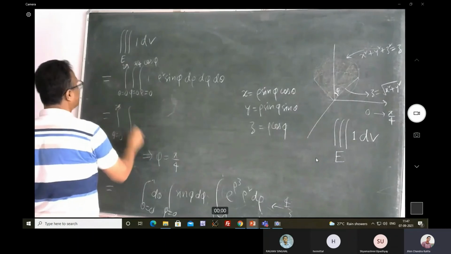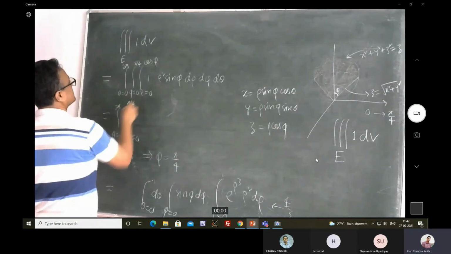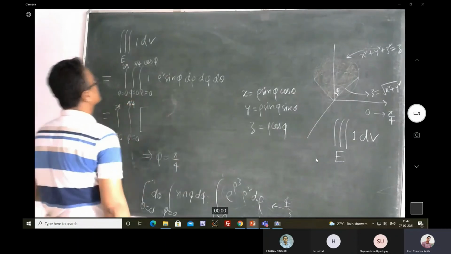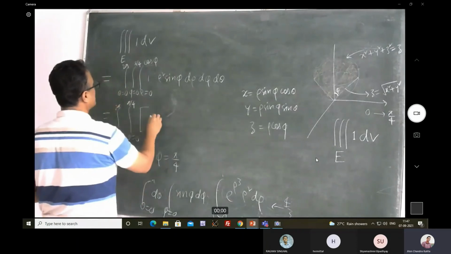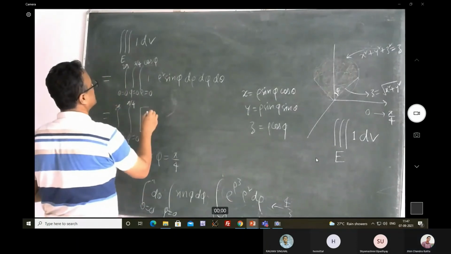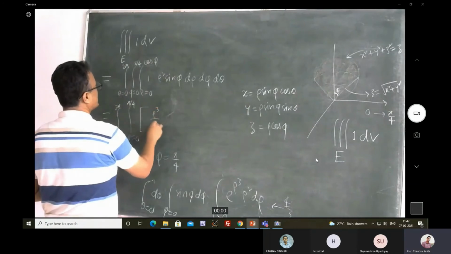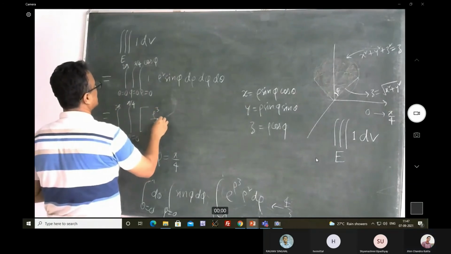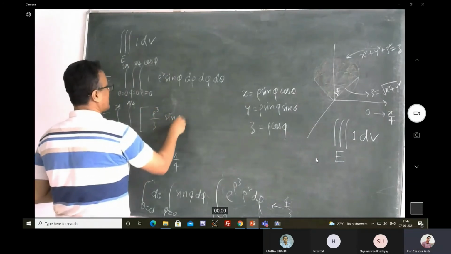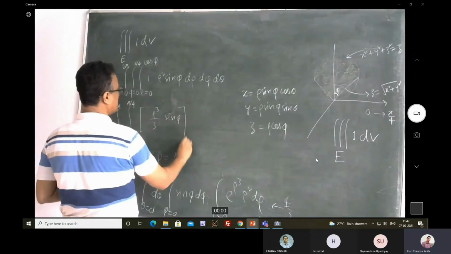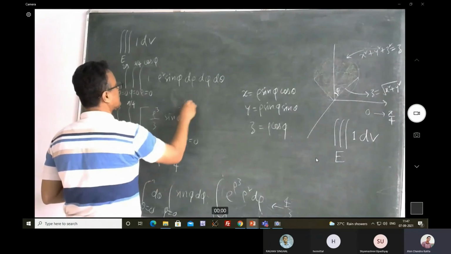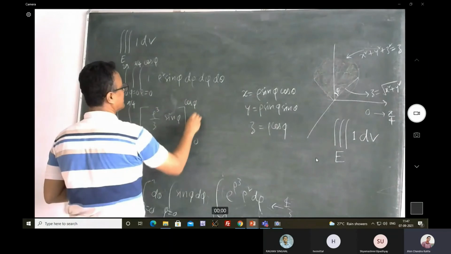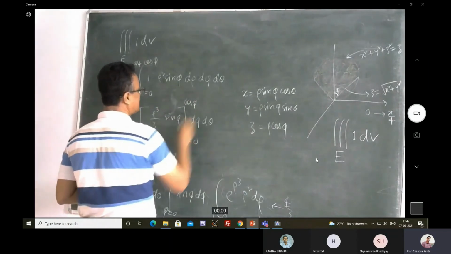Is it okay? So maybe I will just do one more step. So this is going to be rho cube by 3, your sine phi, and rho goes from 0 to cos phi, then d phi, d theta.